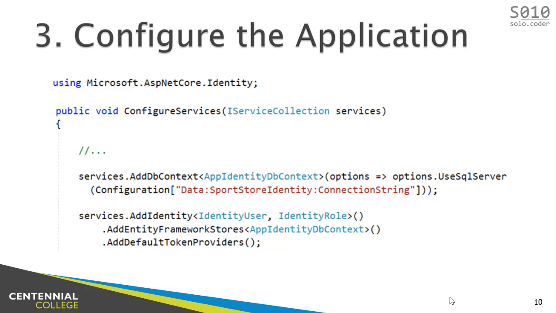But for the sake of this example, we're going to be using identity user as our main class to deal with users. And identity role, we're not going to talk about that today. This will be kept until we talk about identity framework in 2 weeks.